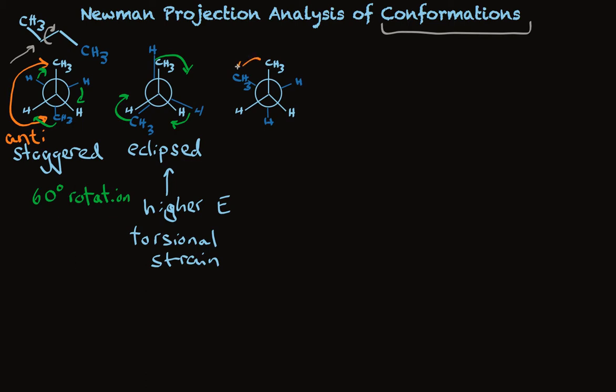They're not eclipsed with each other, but they're still too close. So there is some strain developed because those two methyl groups are closer to each other. It's a French word, gauche. So it's a staggered conformation, but it's higher energy than the one I showed you to begin with.